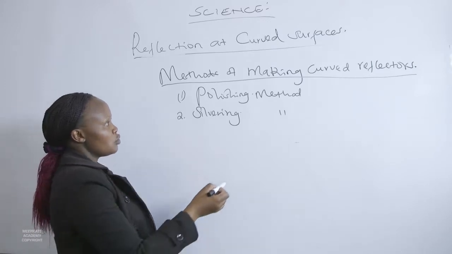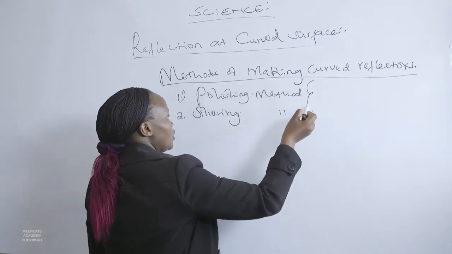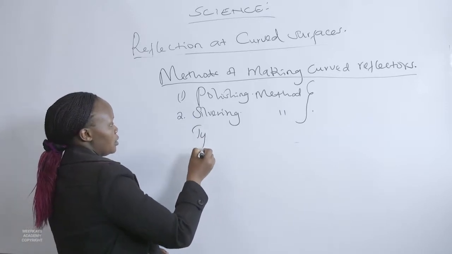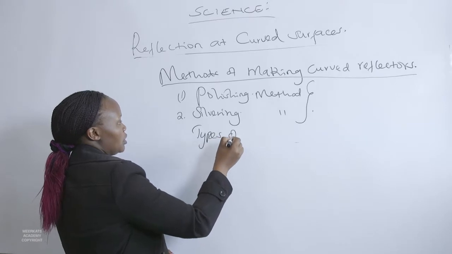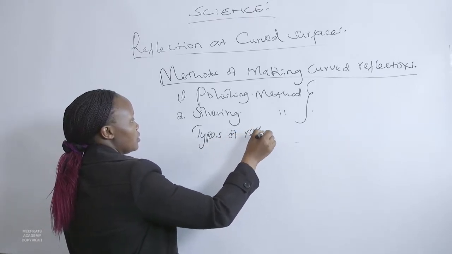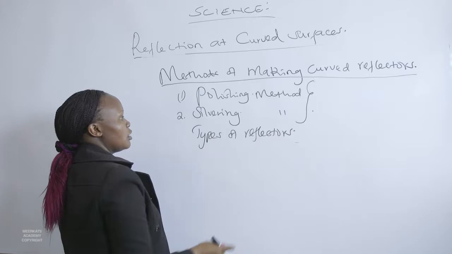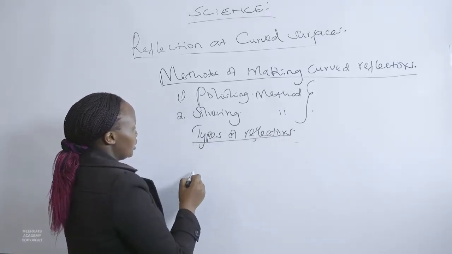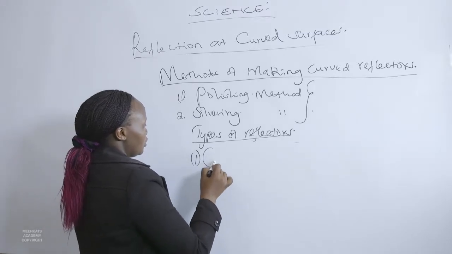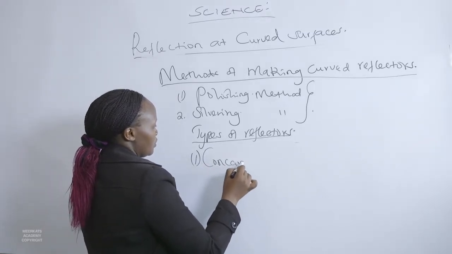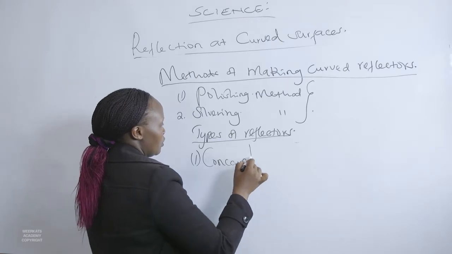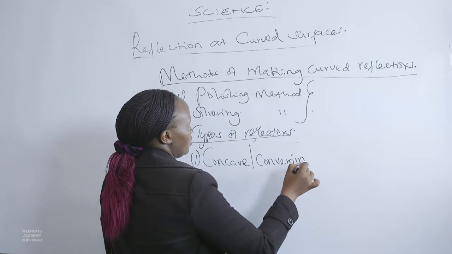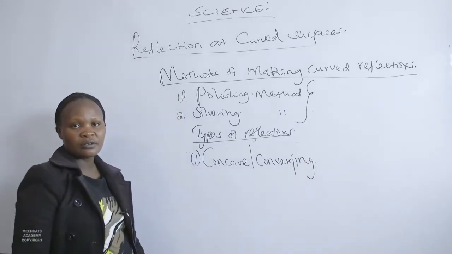Now, out of the two, we can come up with the following types of reflectors, depending on the method we use. Number one, we have concave, or what we call converging surface or a reflector.